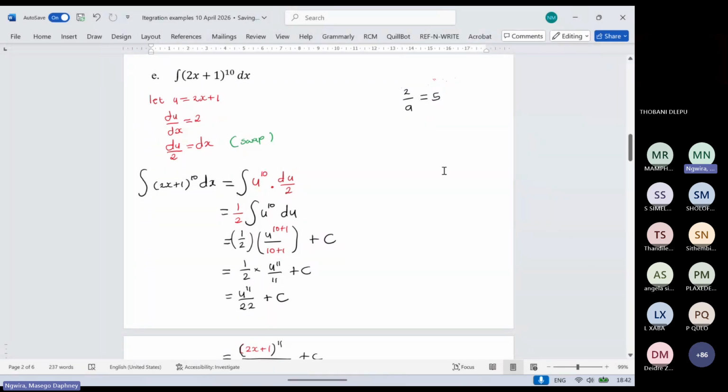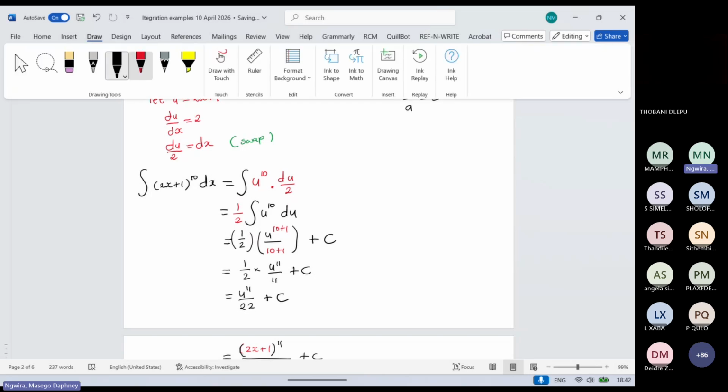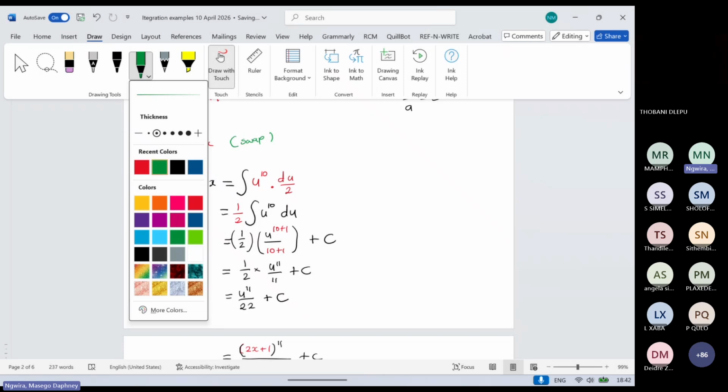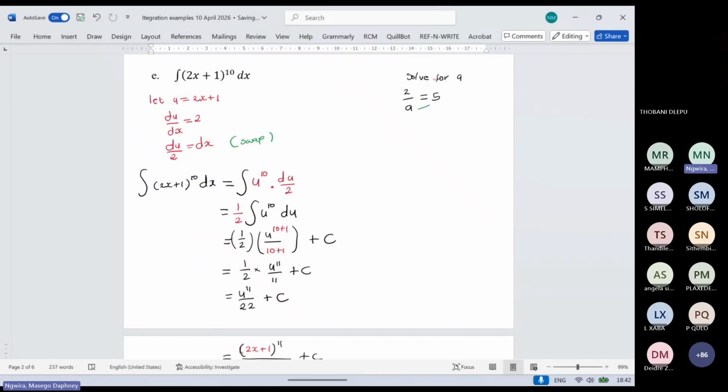And I wanted to solve for a. I'm just making an example. You want a to be the subject of the formula, so you're going to swap. You simply swap. I'm swapping because I don't want to do the long steps to solve. Mathematically, this is correct. We can swap here.